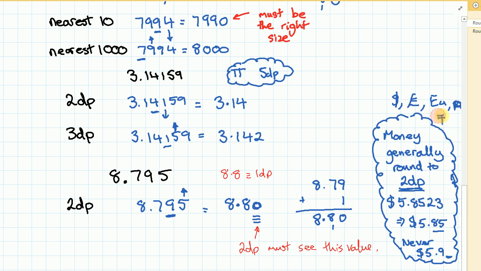Tenge used to have one. We don't tend to use it anymore. We're not even using the 1, 2 and 5 tenge often in the shops anymore. But technically, when the tenge was created, you showed 2 decimal places.